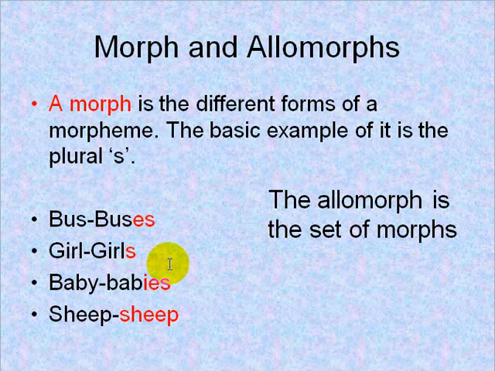All these are called the allomorphs of a given morpheme. And this is one example from the plural s. You can deal with the s of the third person singular. You can deal with the ing form. You can deal with all the morphemes, whether free or bound.